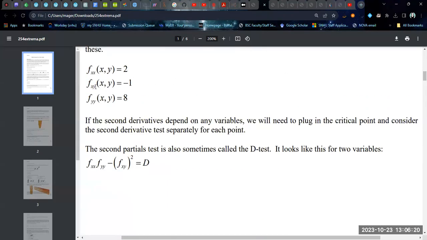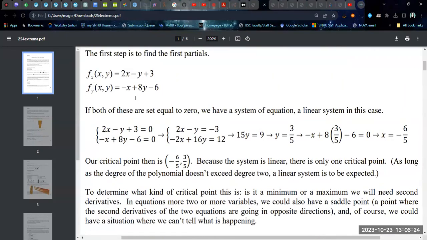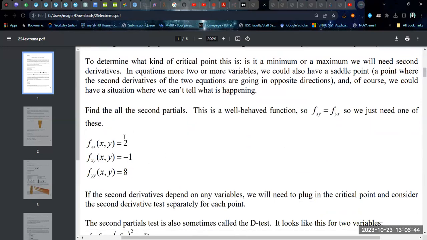And that's what we have here. The derivative of x with respect to y is going to be negative 1. And the same thing, if we took the derivative for y with respect to x, we would also get negative 1. And then we need the derivative for y with respect to y again. So that second derivative will give us an 8. So those are our second partials.